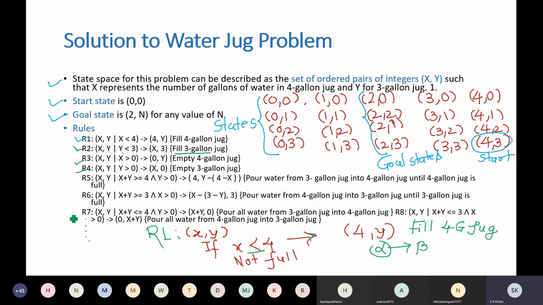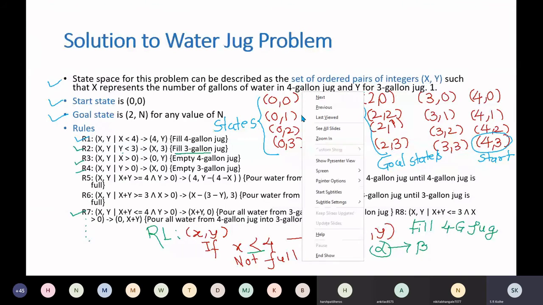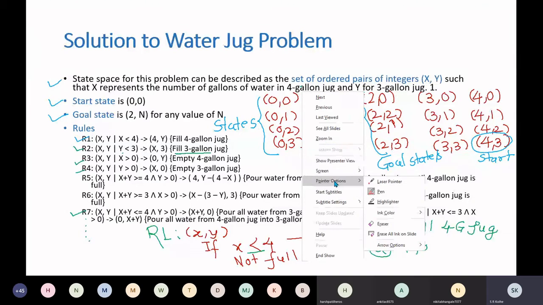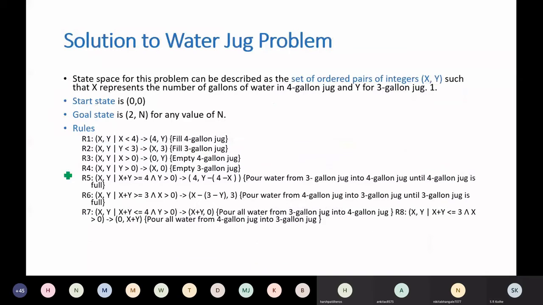Let us come to rule number 7. What is the interpretation of this (x, y)? Okay, I will remove this first. Come to this R7.